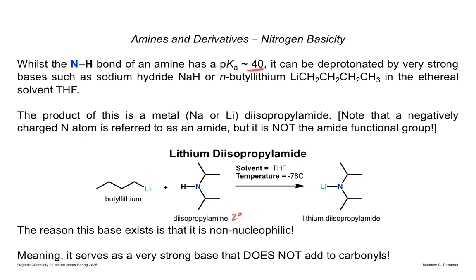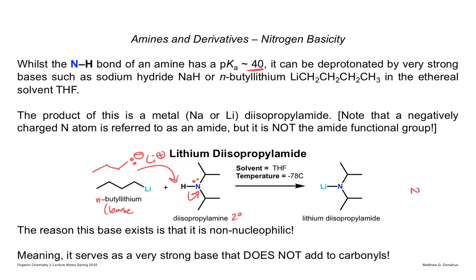But if we want to deprotonate it, we can use a very strong base, and that's called N-butyl lithium. And we can think of it as a carbon anion with a lithium counterion that can abstract that hydrogen.